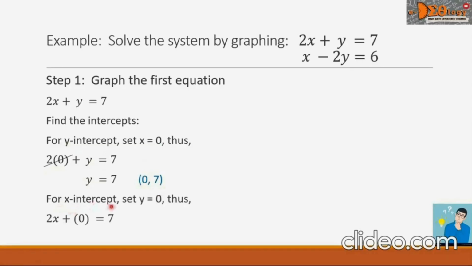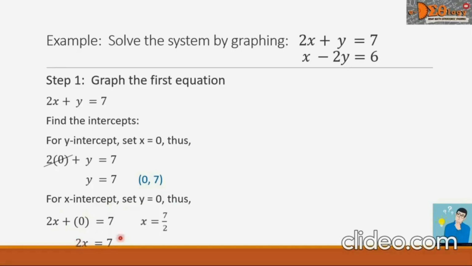For the x-intercept, we set y equals 0. Thus, the first equation now becomes 2x plus 0 equals 7. We can ignore the 0 here, so we have 2x equals 7. Let us find the value of x. Let us divide the whole equation by the coefficient of x, which is 2.